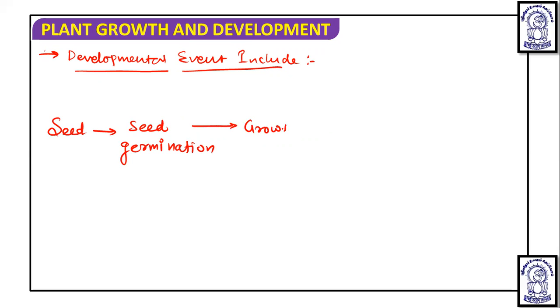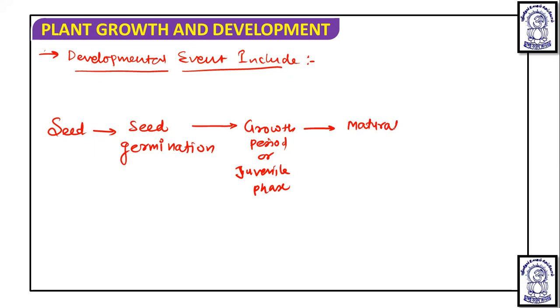Then growth will take place, the juvenile phase will be there, the growth period. Then the maturation phase or reproductive phase.